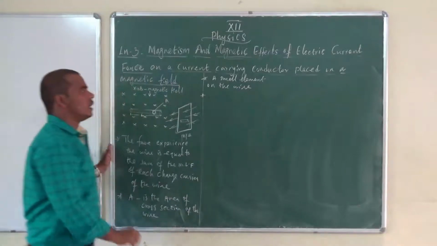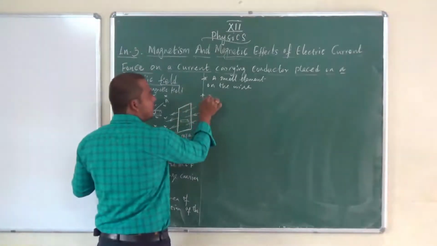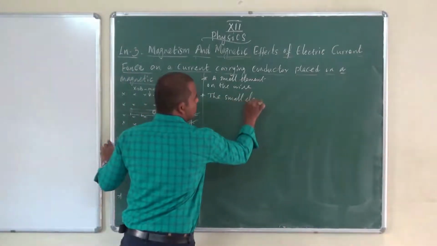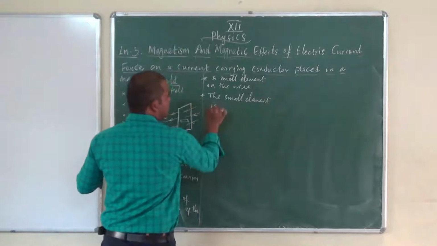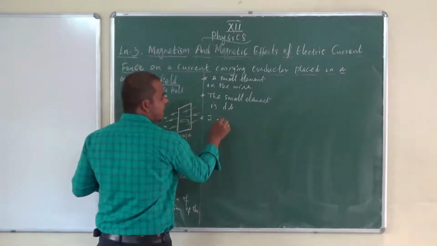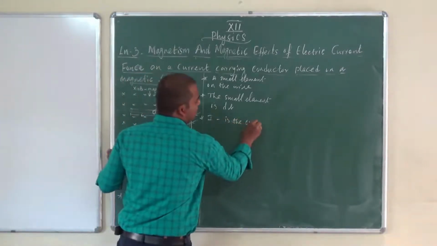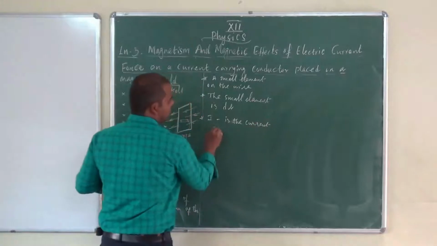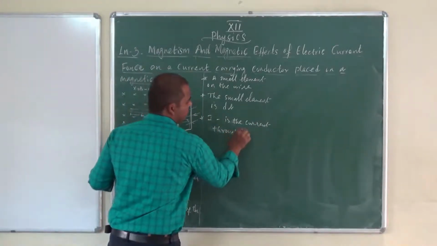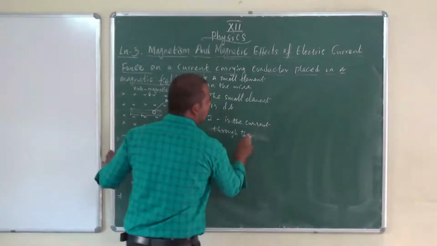The small element is represented by dl. I is the current flowing through the wire.